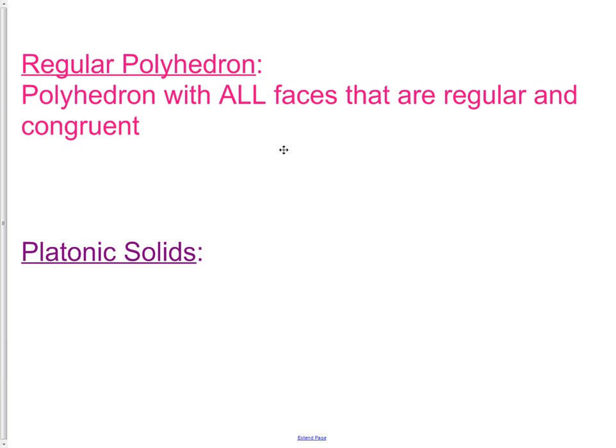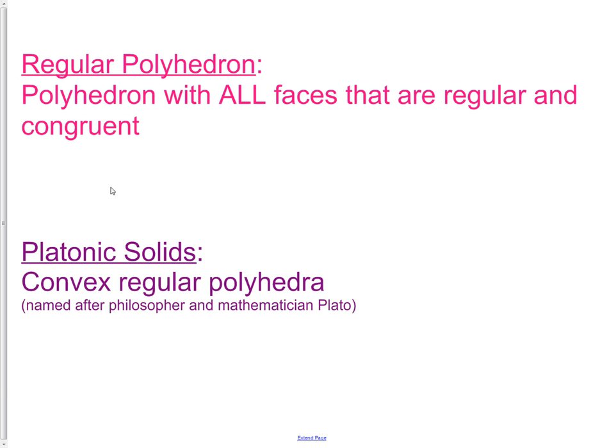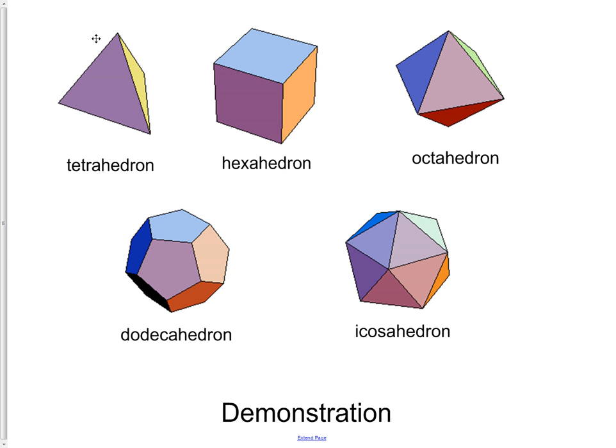And the Platonic solids are convex regular polyhedra, and these objects were named after a philosopher and mathematician called Plato. Here are your examples of polyhedrons. We have a tetrahedron, which is made up of 4 congruent triangles, or 4 equilateral triangles.